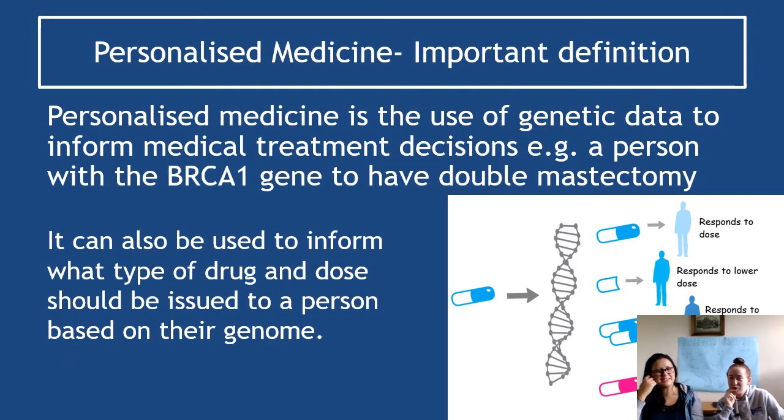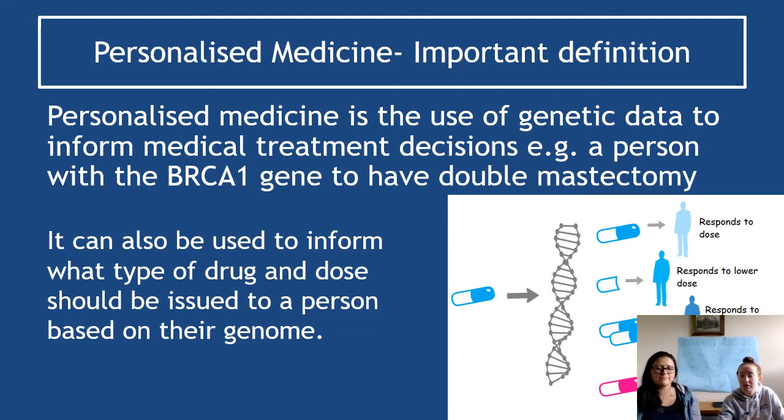Okay, so the second important definition for this is the idea of personalized medicine. All personalized medicine is, is the use of genetic data to inform medical treatment or medical decisions. So it might be a person who has tested positive for the BRCA1 gene, which is linked to breast cancer and slightly to ovarian cancer as well, I believe.